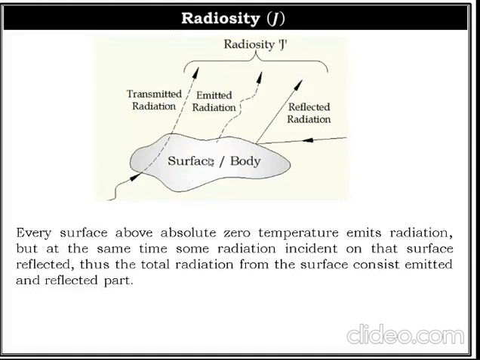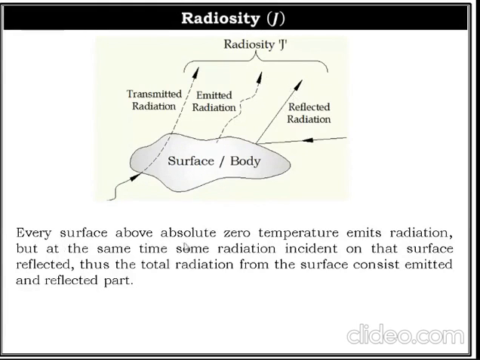If you go in depth, some radiation is also transmitted through the surface. So the surface's own emitted radiation, some transmitted radiation, some reflected part of radiation, all of these combined are known as radiosity. But broadly, in most cases, we consider only the reflected part as well as the emitted part.